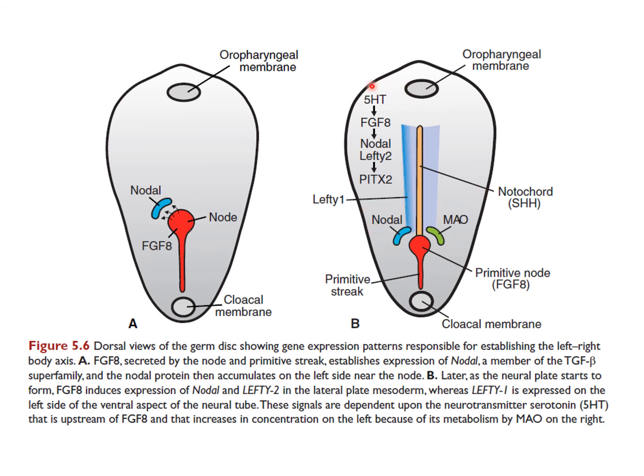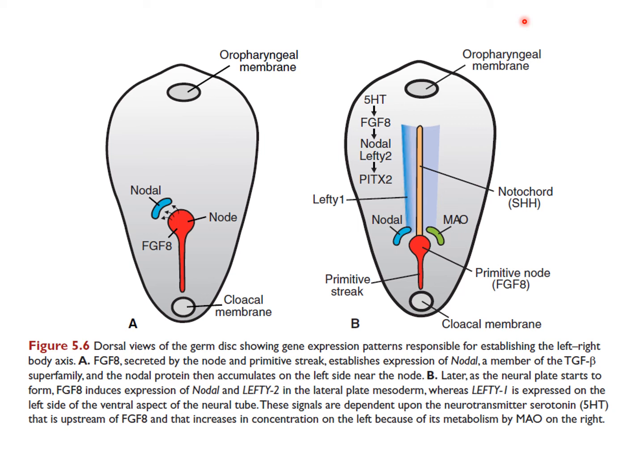However, because of the presence of the enzyme monoamine oxidase here on the right side, serotonin is metabolized by this enzyme, and therefore you will not find it on the right side of the embryo. Again, if there is an abnormality in the expression of serotonin, it will result in alterations in the positioning of certain organs.